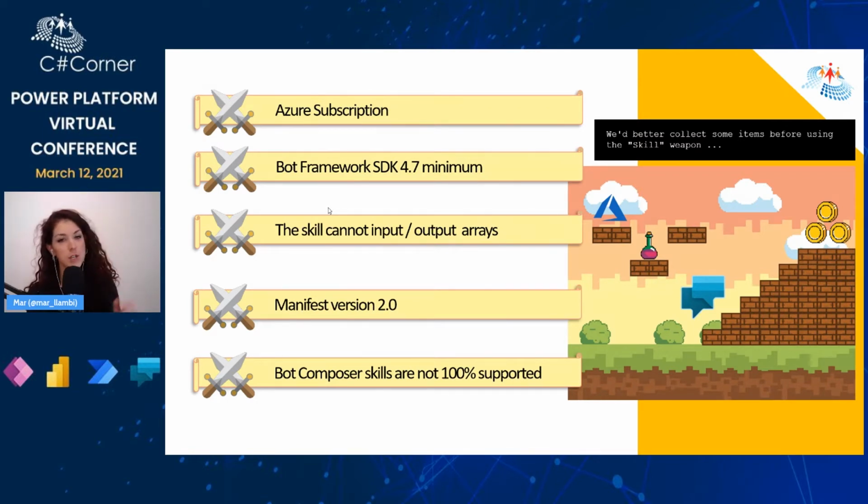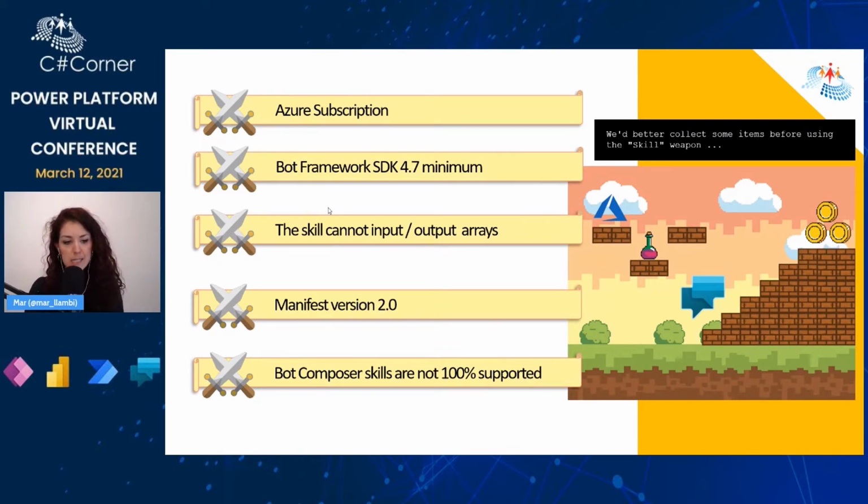When we do an API call and we receive a response, a JSON, and this JSON is an array of objects that could be weather predictions, flights, available recipes, whatever, it is always an array. So be aware that we cannot have arrays as inputs and outputs of our skill.